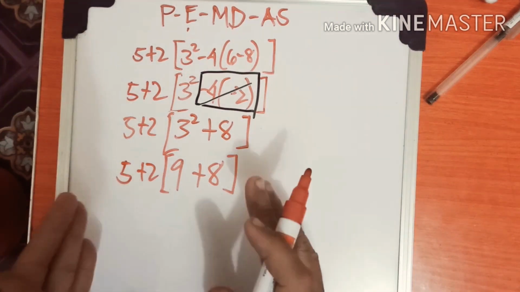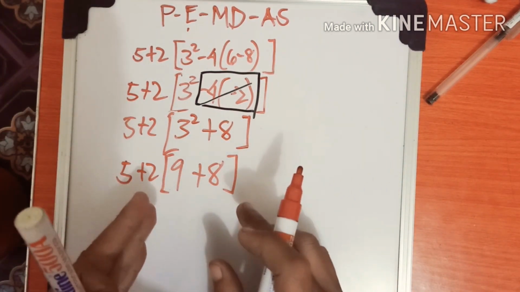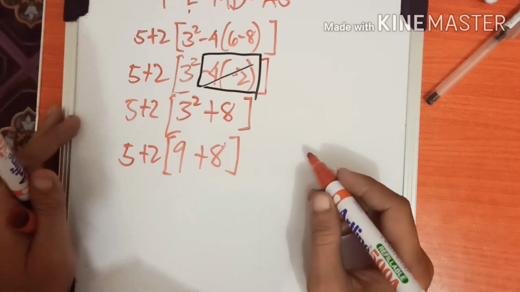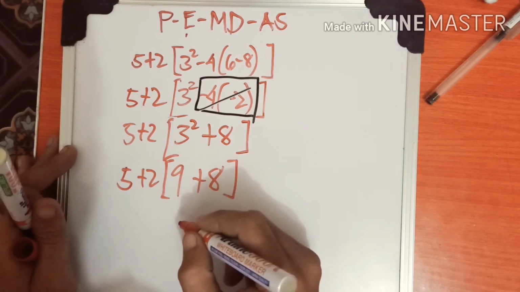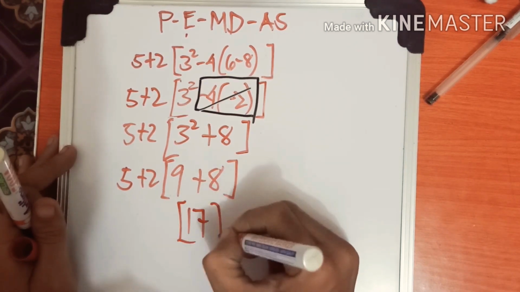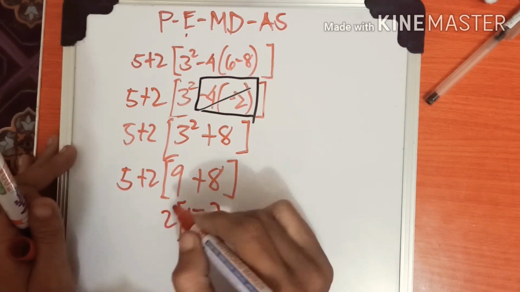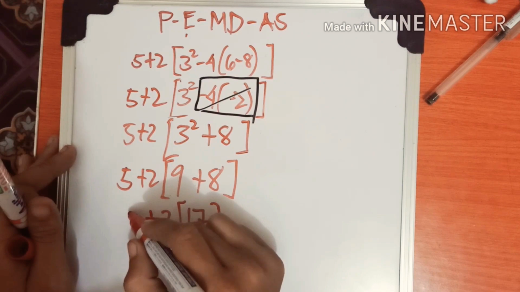So now we have 5 plus 2 and the bracket of 9 plus 8. So we total inside the bracket, so that is 17. Still copy the bracket because we still have a number beside the bracket.